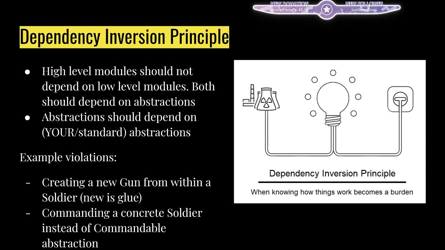Unless we are working directly with those abstractions, we shouldn't depend on them. So an example violation would be, let's say there is a very popular library called Mediator that basically executes your commands for you. And we often inject it in a controller, which is fine.